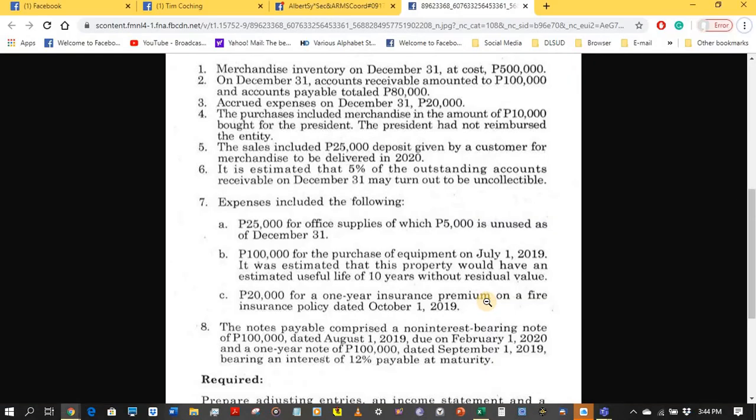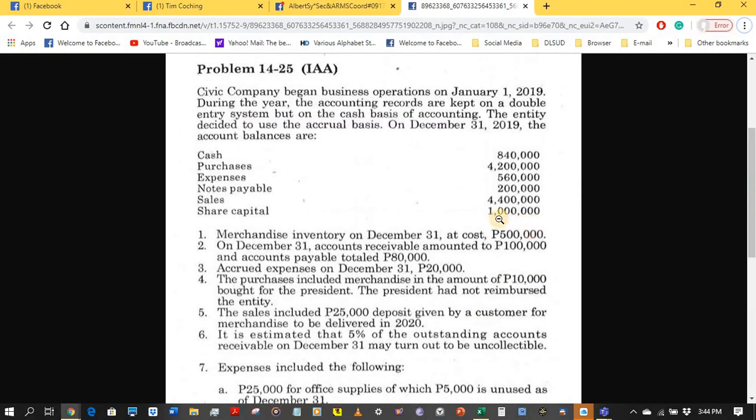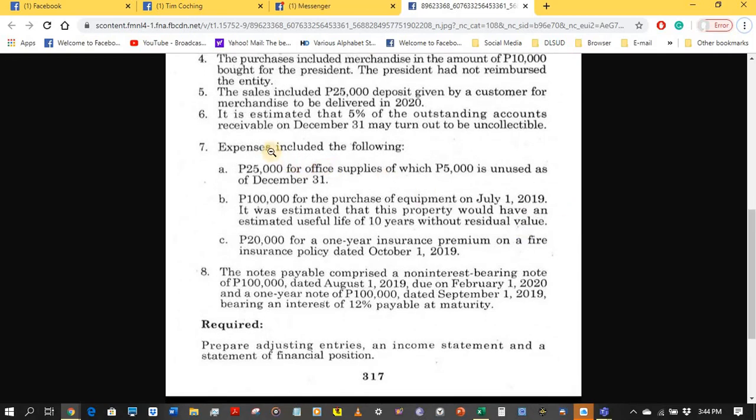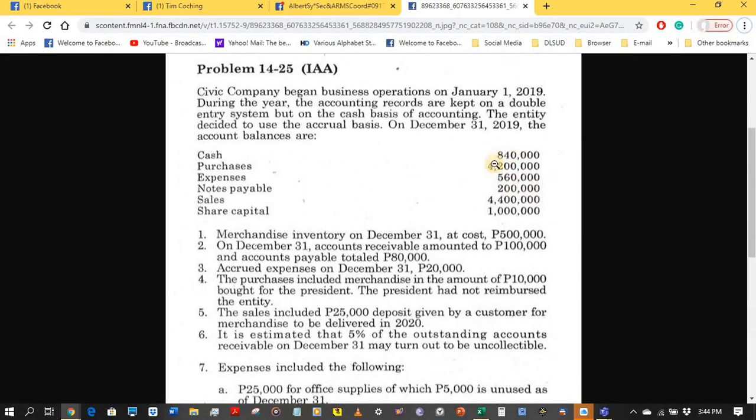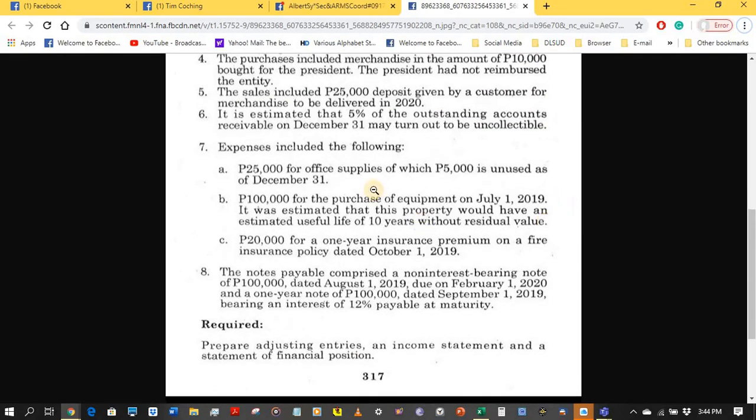Expenses included the following. Okay, ang expenses natin is 516. Sabi niya dyan, sa 560,000 expenses, 25,000 daw dyan is for office supplies, of which 5,000 is unused as of December 31.